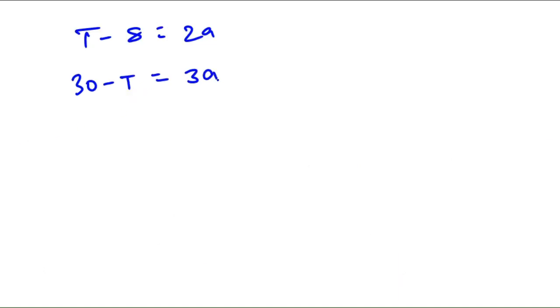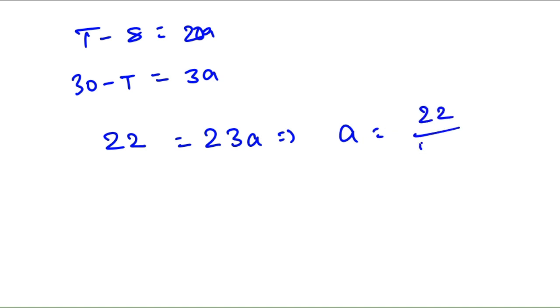Now we can add these two equations. On the left hand side we get T minus 8 plus 30 minus T, so plus T and minus T cancel out, and this will be 22. On the right hand side we have 20a plus 3a, which is 23a. So acceleration will be 22 by 23 meter per square second.